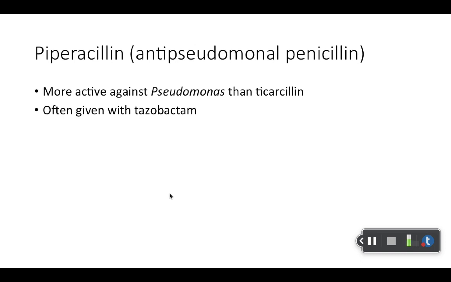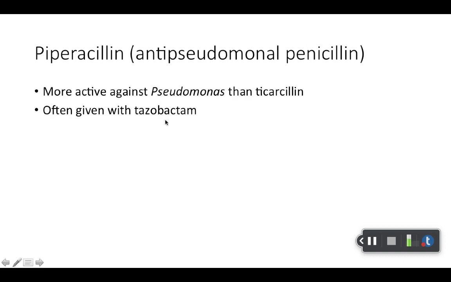I mention that, not for testing purposes, but so you are familiar with it if you hear the name Zosyn. A lot of times out in hospital inpatient settings, they just refer to it by the brand name because it's easier to say than piperacillin and tazobactam. Zosyn's got a nice little ring to it. Sounds flashy, right? Sounds cool.